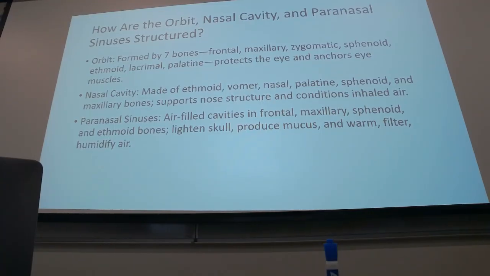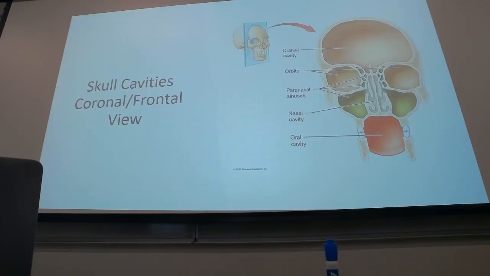The largest will be the maxillary sinuses that we have in the maxilla. Second largest, frontal. Third largest will be sphenoidal, and the ethmoidal cells are very tiny, so those are the smallest. So here is the frontal view of these sinuses.